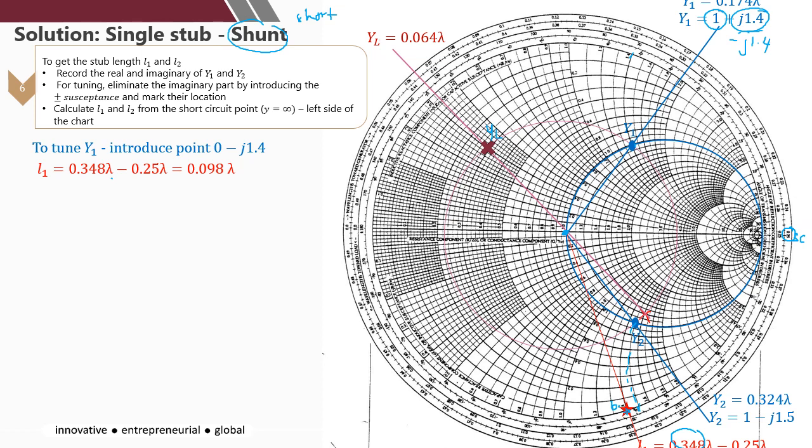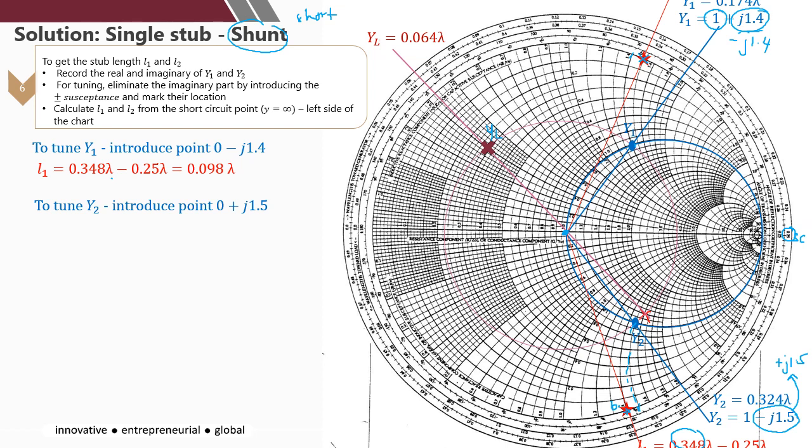Okay, next, the same goes for the second, Y2. So you have negative j. To eliminate this, you need to introduce plus j1.5. So introduce plus j1.5. Okay, here is 1.4, here is 1.5, and then you get the position.